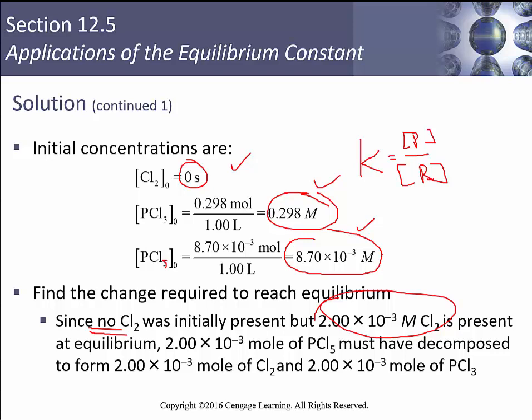Right? So 2 times 10 to the minus 3 moles of our phosphorus pentachloride must have decomposed to form the 2 times 10 to the minus 3 moles of chlorine gas. And we're also going to make an additional 2 times 10 to the minus 3 moles of the phosphorus trichloride.